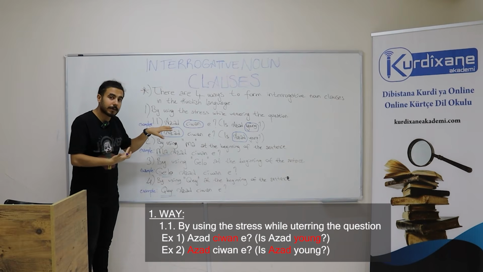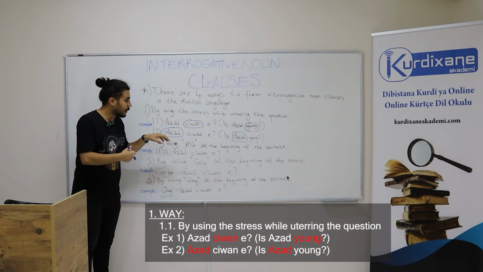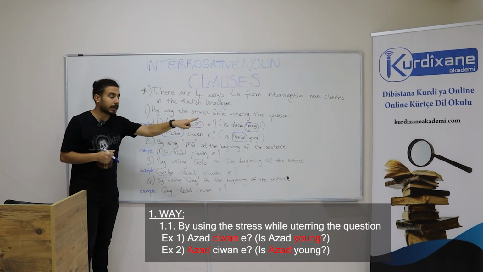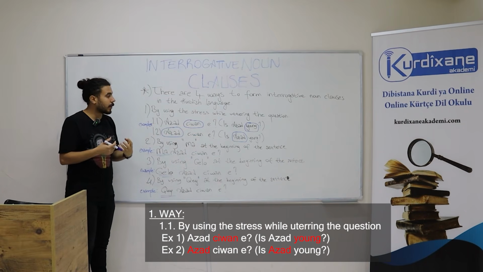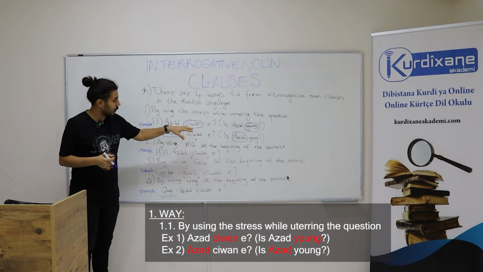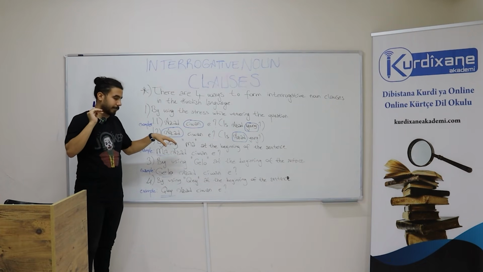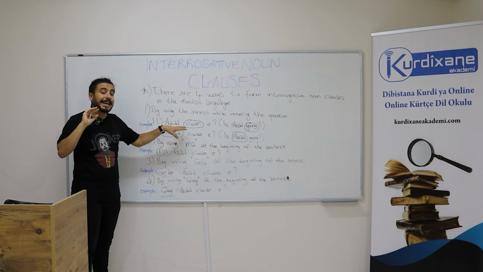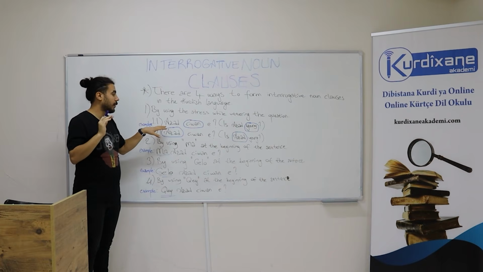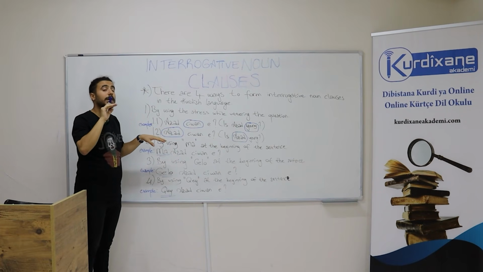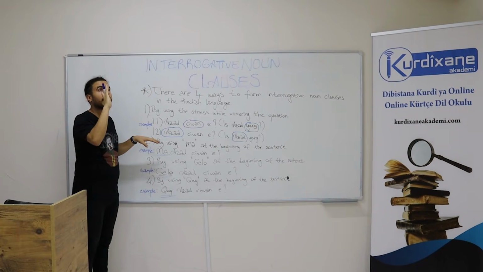Azad Juane is Azad young, so the stress is on Juan, young. So you ask whether Azad is young. Azad Juane, as you can see, I make the pitch at the end a bit higher. Azad Juane, it goes higher.